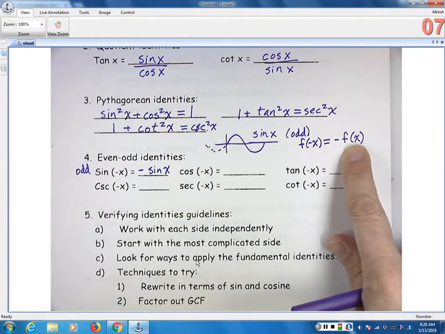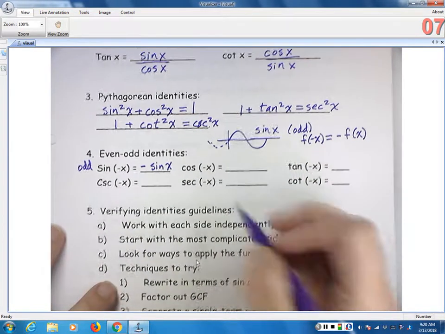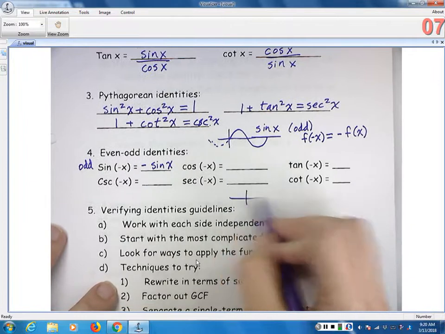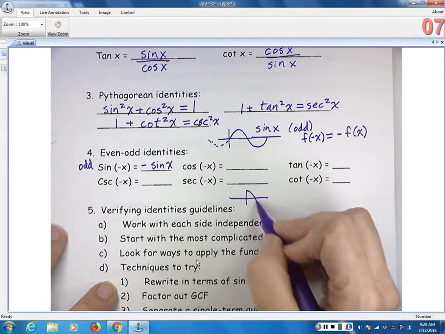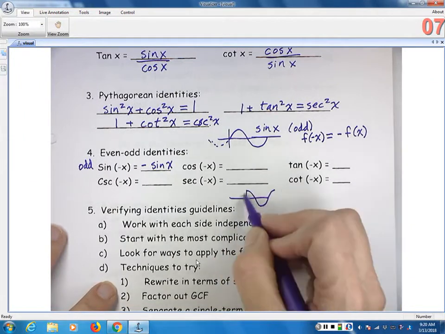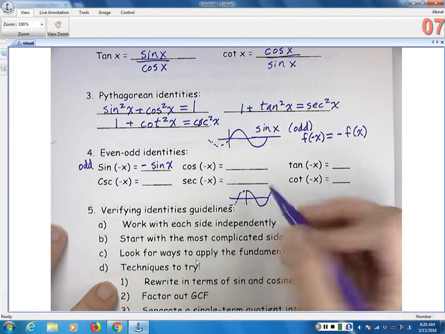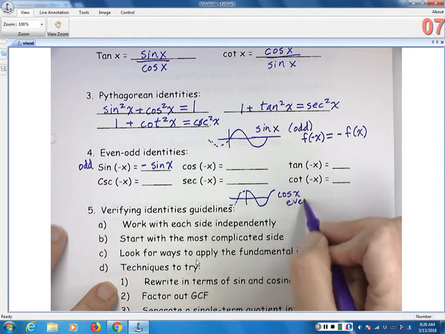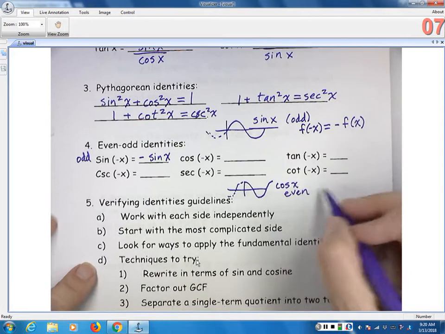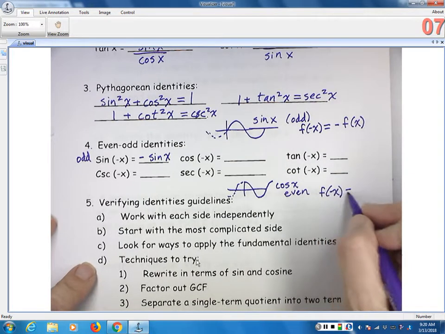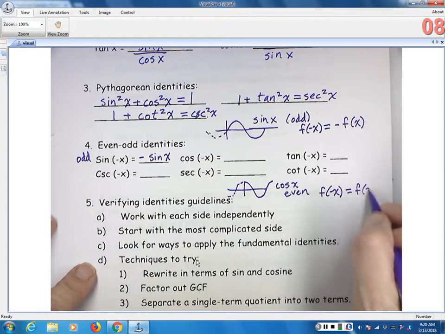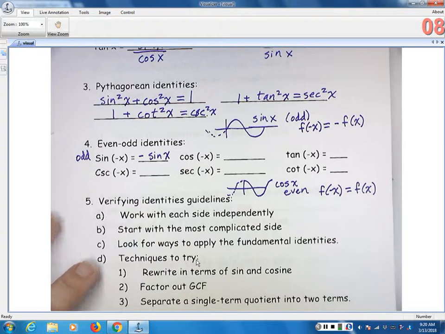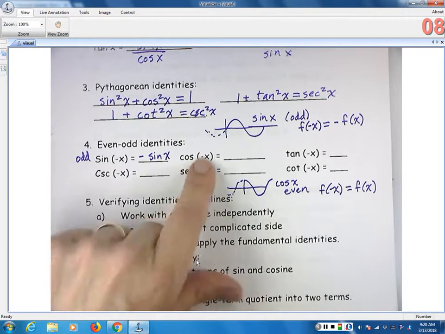Cosine function is even, look. If we graph it, it keeps going like that. This is cosine x, even. For an even function from Math 1710, f of minus x just equals f of x. So we apply that here.